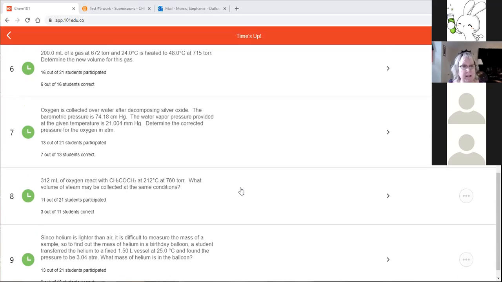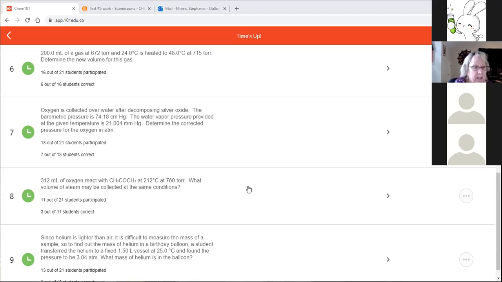Okay, number 8. This is the one that many of you missed because you didn't even write the reaction. I'm giving you, at a hot temperature, 212 degrees Celsius is pretty darn hot, CH3CO, CH3. We're reacting it with oxygen.